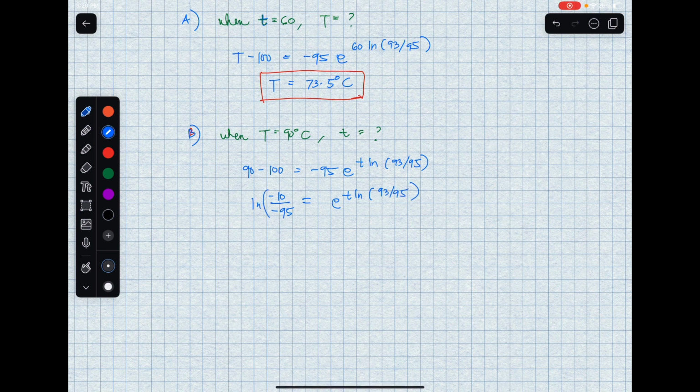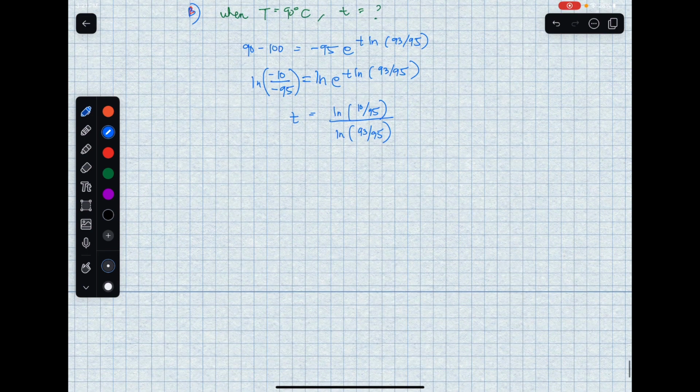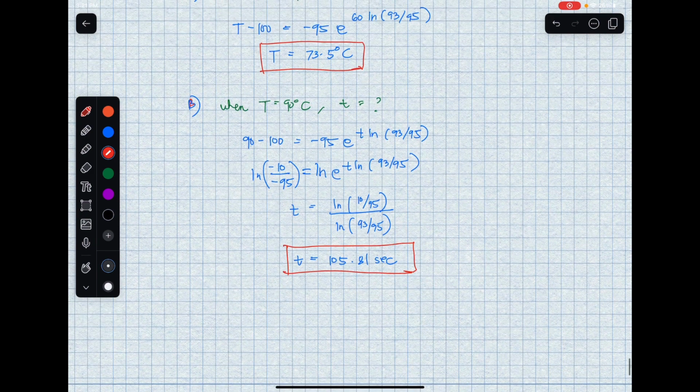Take ln of both sides. So t would be ln of 10 over 95 divided by ln of 93 over 95. Finally, it would take 105.81 seconds to achieve that temperature of 90 degrees Celsius.